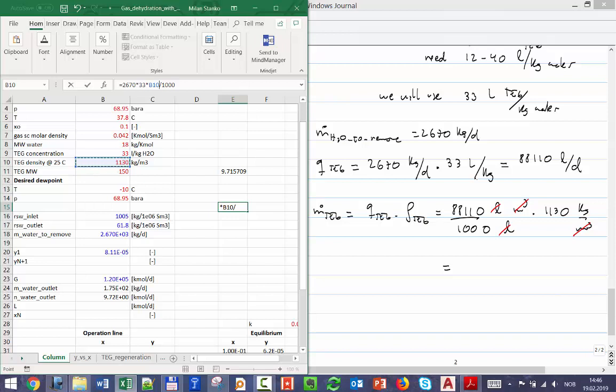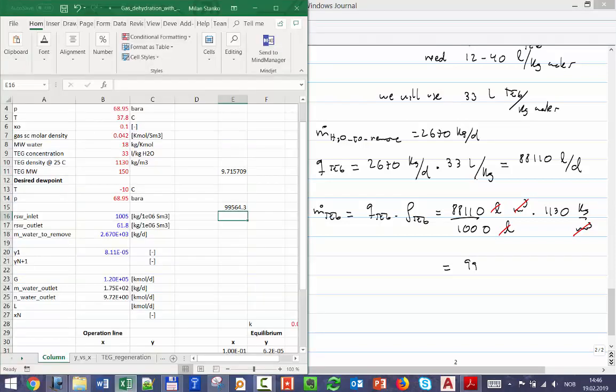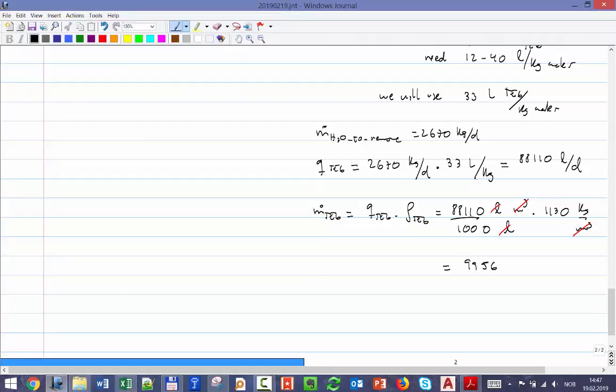Let me see if I did it correctly. It gives 99,564 kilogram per day. This is per day, and this was liters per day.